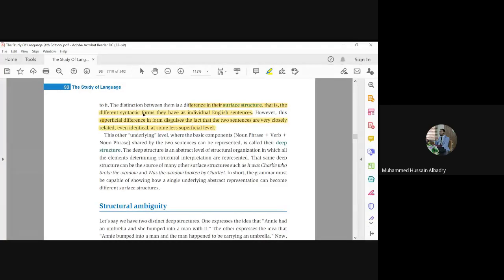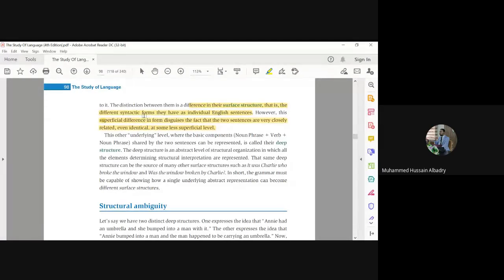I will repeat it. The distinction between these two sentences is just a difference in their surface structure. Just what you see, the surface sentence, the surface structure, is different. What does that mean?